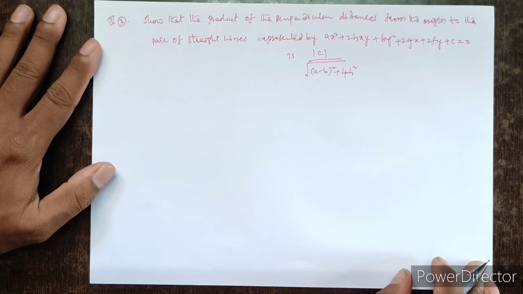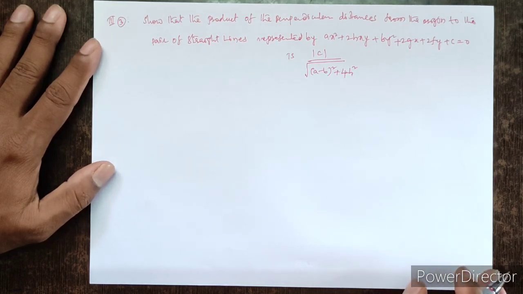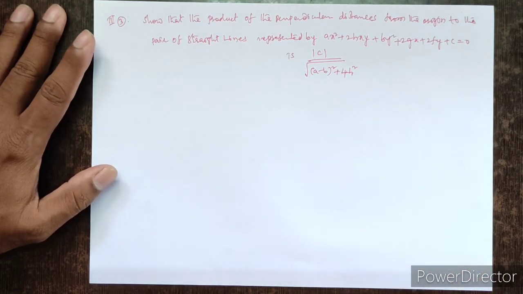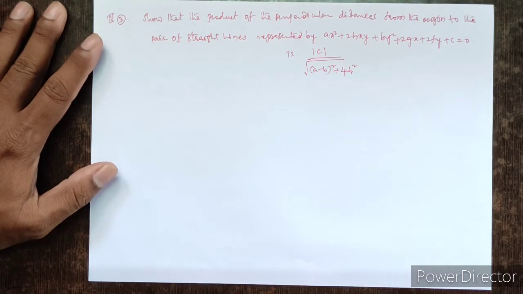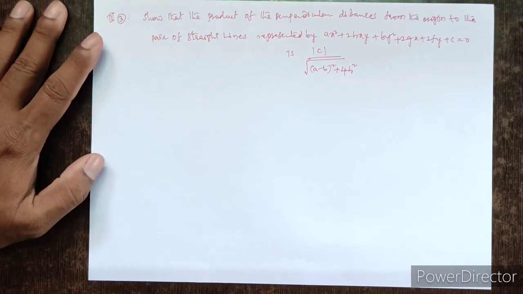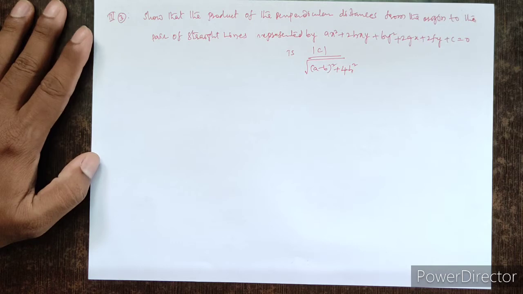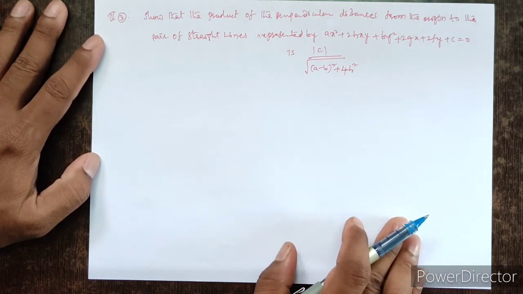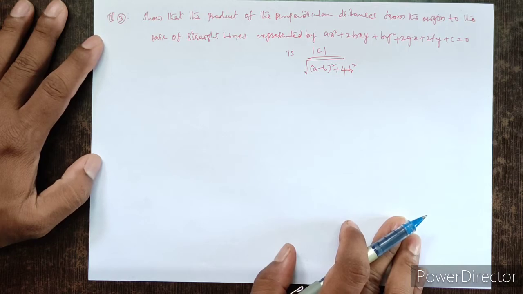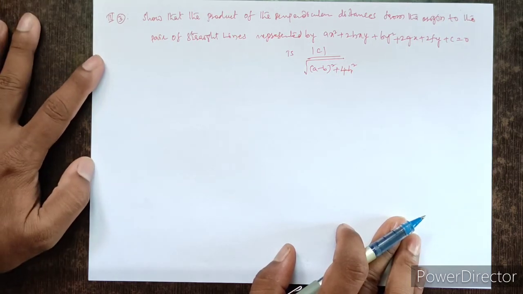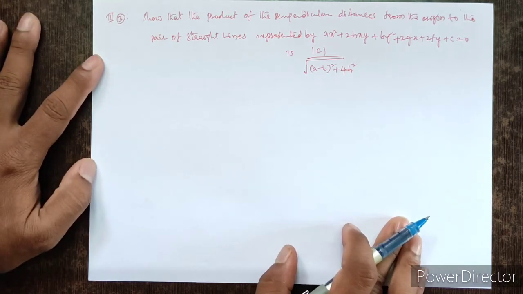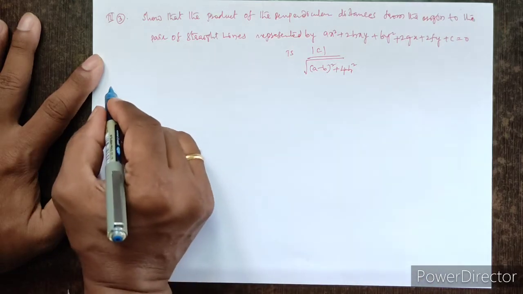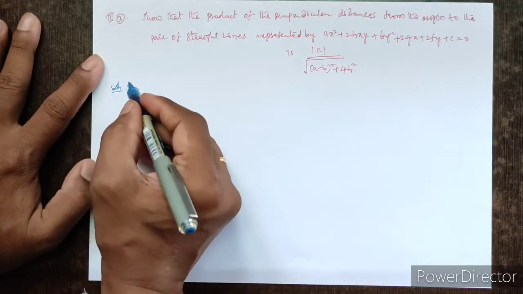Show that the product of the perpendicular distances from the origin to the pair of straight lines represented by ax square plus 2hxy plus by square plus 2gx plus 2fy plus c equal to 0 is modulus c by under root of (a minus b) whole square plus 4h square. Solution.